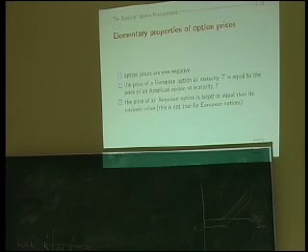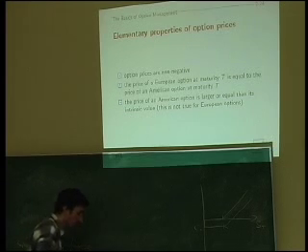If you have two options with the same payoff, one American and one European, then of course you have the same value at maturity. But the price of a European option at any time before maturity is less than the price of an American option.